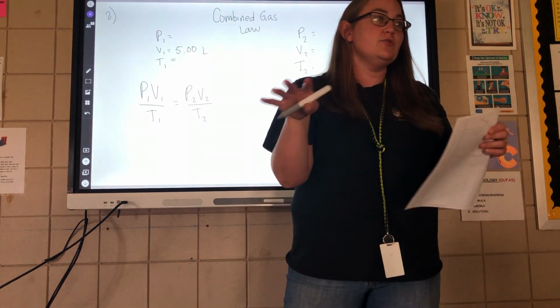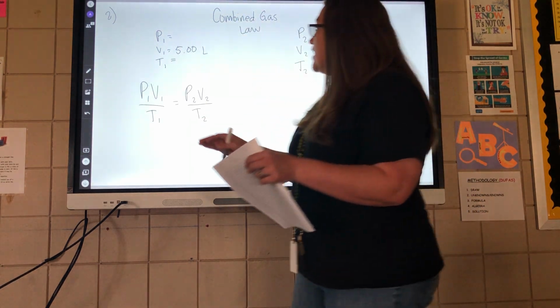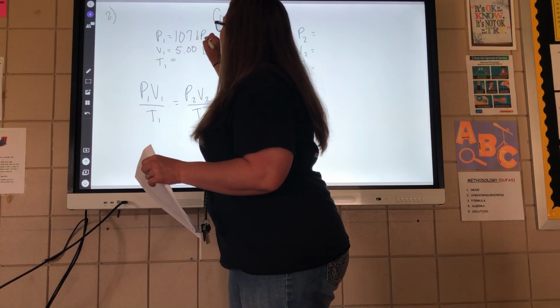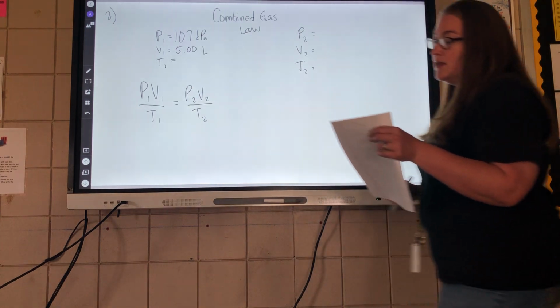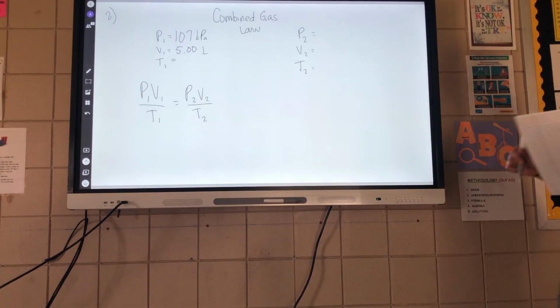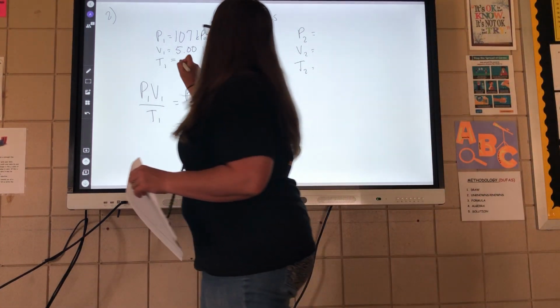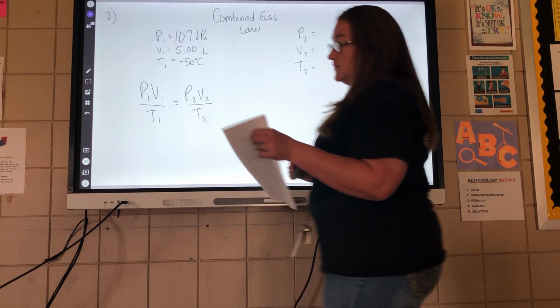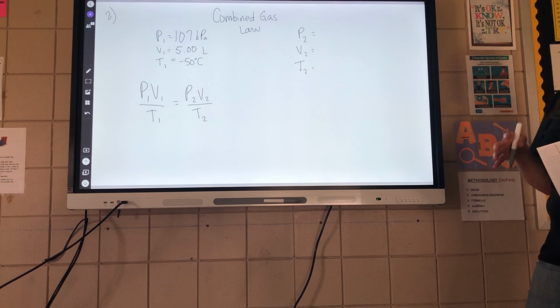Stop, like I've always made you do, when you get to a number in the problem. Stop. Pressure is 107 kilopascals. At a temperature of negative 50 degrees Celsius. I got to a number, I stopped, and I filled it in.